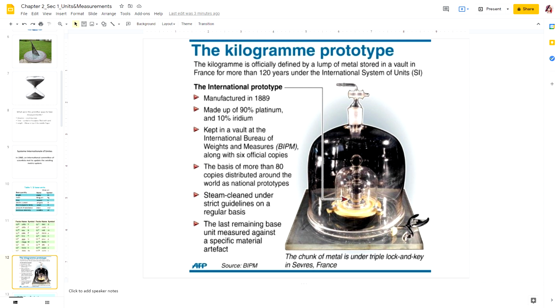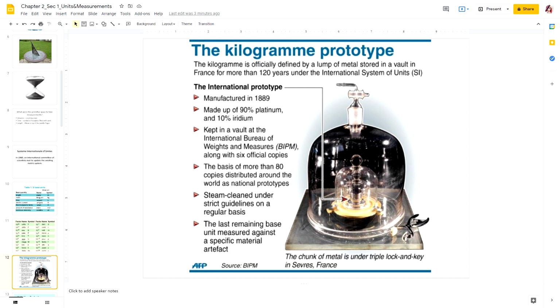The kilogram is officially defined by a lump of metal stored in a vault in France for more than 120 years under the International System of Units, or SI. The international prototype of the kilogram, as you can see in the picture, was manufactured in 1889. It is made up of 90% platinum and 10% iridium.